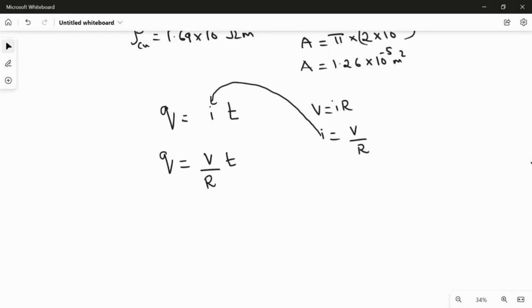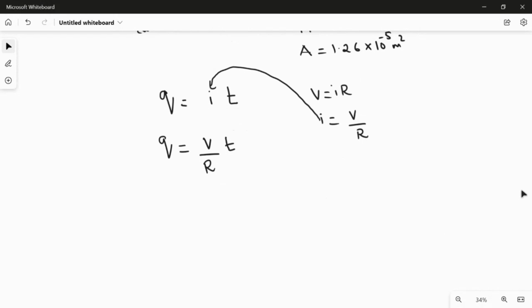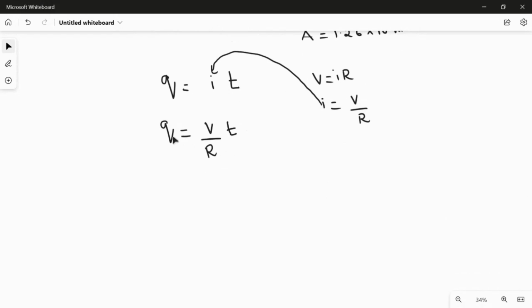After you substitute, we got this rule Q equal to V over R multiplied by t. Potential is already given in the question, but we need the information about the resistance, so I'm going to use the formula for the resistance.